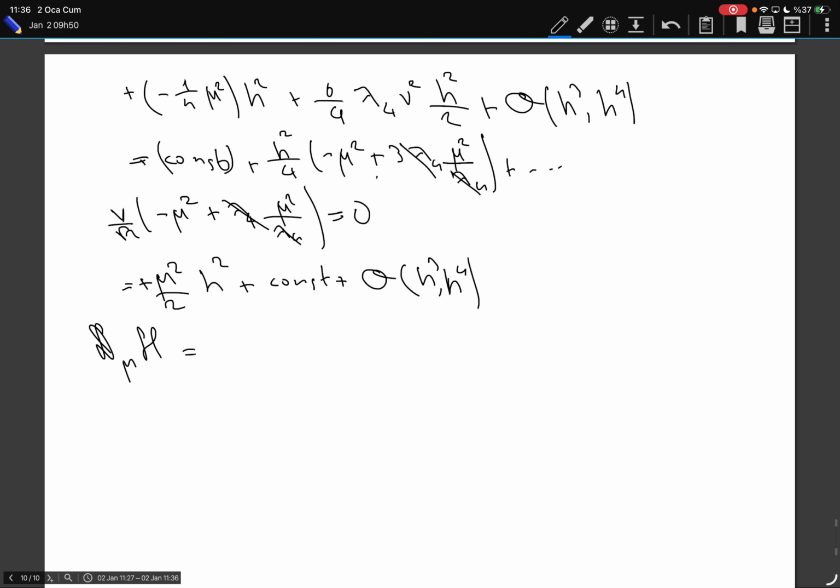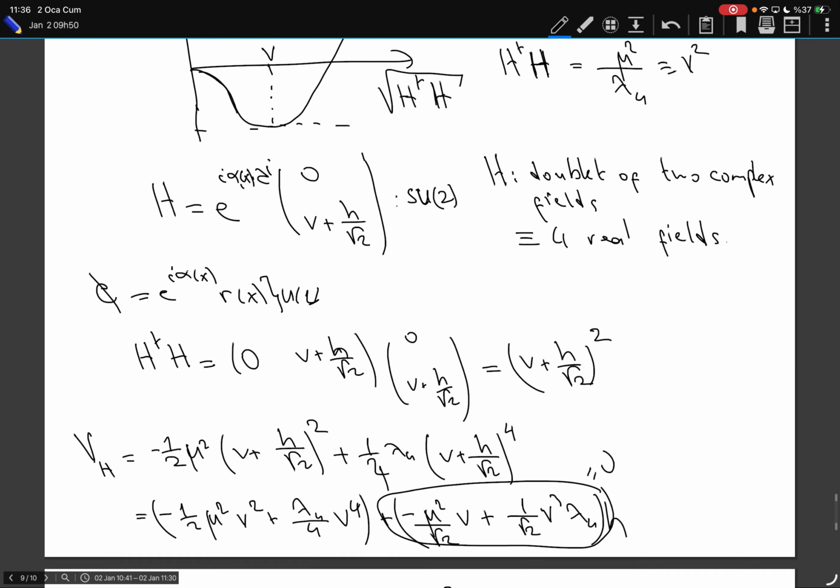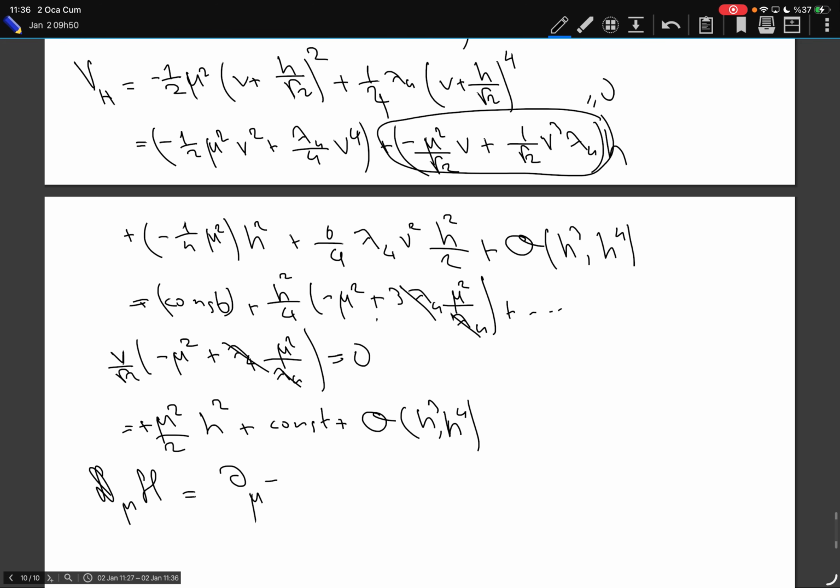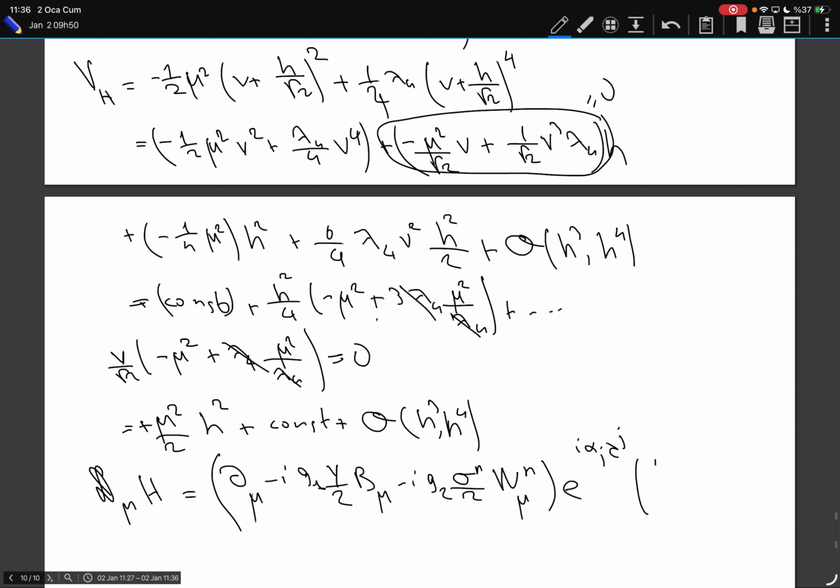If you remember the definition of del mu, this is the ordinary derivative minus i g1 Y over 2 B mu minus i g2 sigma n over 2 omega mu n, and my Higgs field is e to the power i alpha j tau j, times (0, v plus h) over square root of 2.